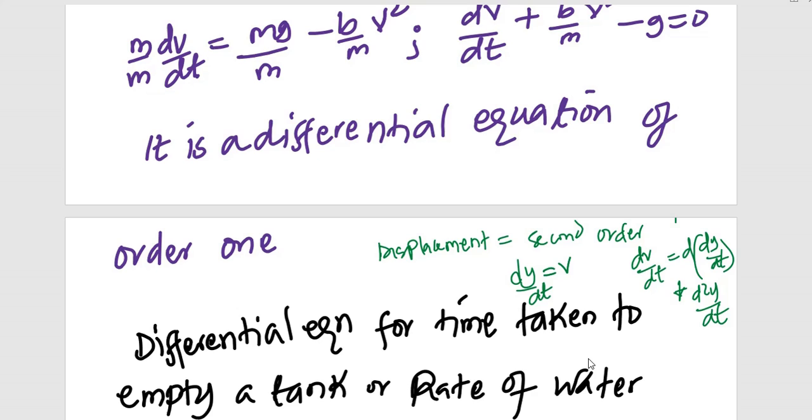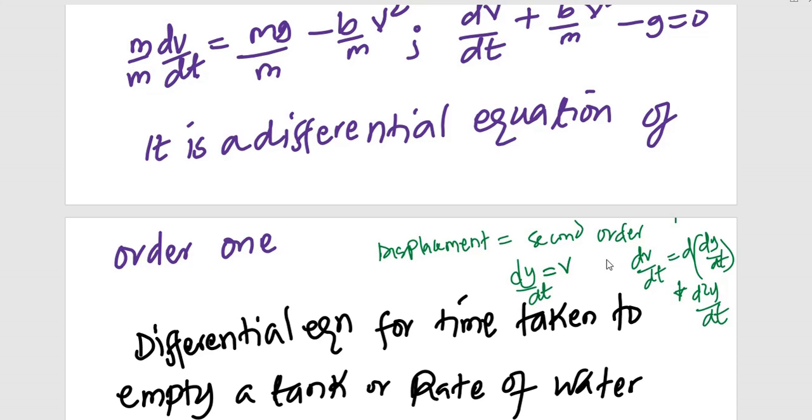And if we actually want displacement, then that will be a second order equation, because if displacement is y, then the velocity of that body will be dy/dt. So dy/dt is equal to velocity.